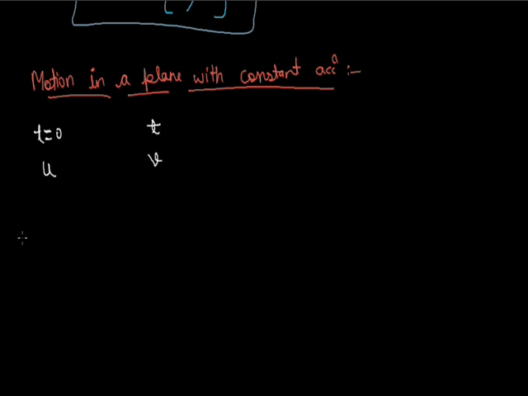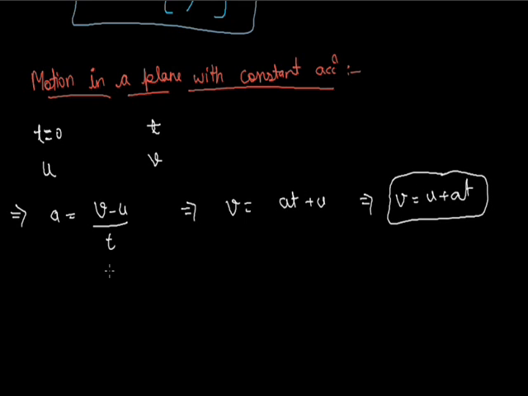Okay. Now we all know acceleration is equal to change in velocity with time taken. So from here we calculate v equals at plus u. That means v equals u plus at. This is the velocity, same as we consider in one dimension, same as 1D. Now we write this equation in component form.